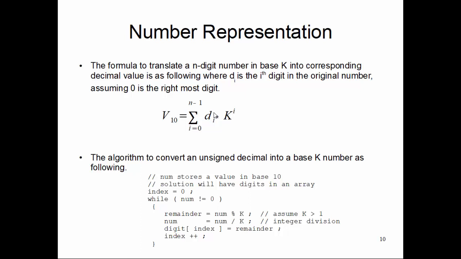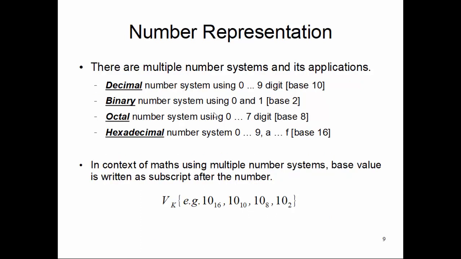For example, what I mean by the equivalent decimal value is this: in the hexadecimal system, A, B, C, D, E, F have corresponding decimal values. A is 10, B is 11, C is 12, D is 13, E is 14, and F is 15. That is the symbol's corresponding decimal value.